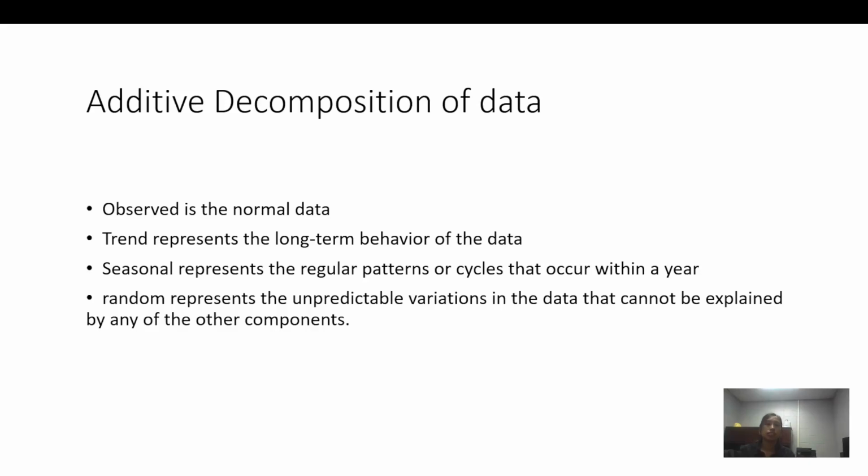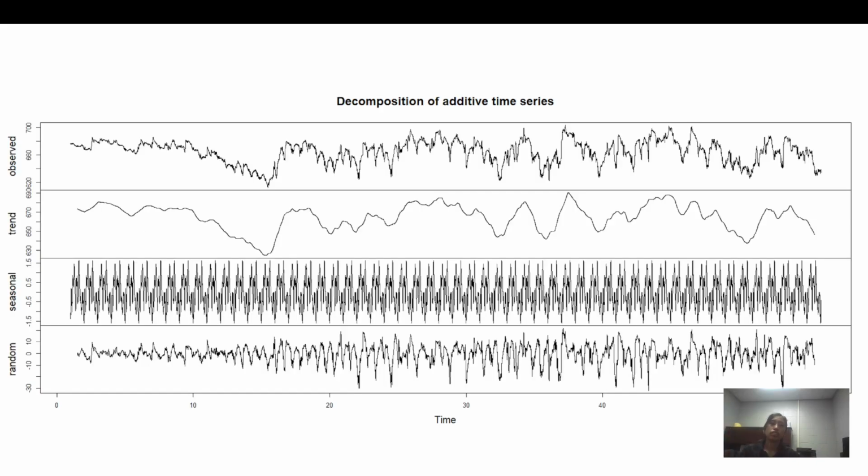The third one is seasonal, a regular pattern or cycle that occurs within a year. And the fourth one is random, which shows the unpredictable variation in the data, that is noise. Here we can see the observed, trend, seasonal, and random components.